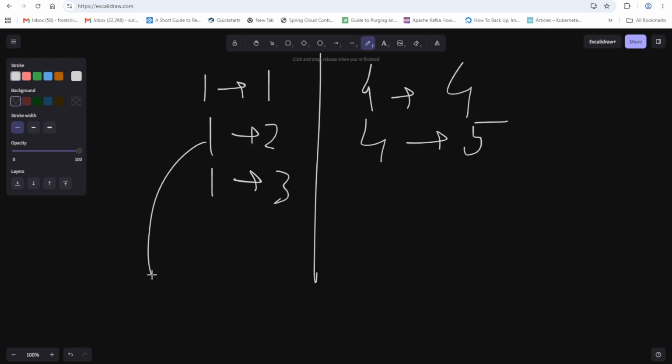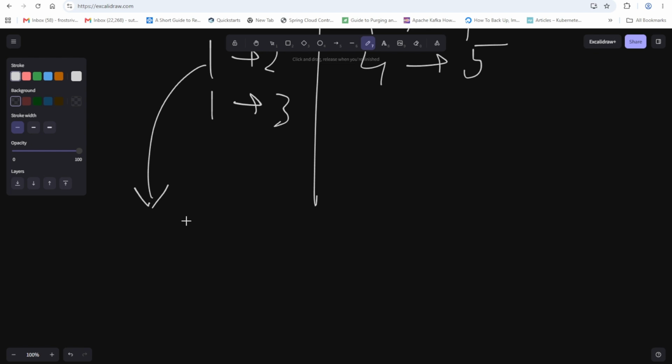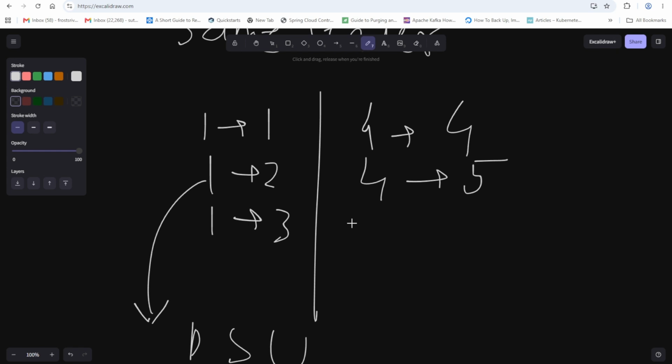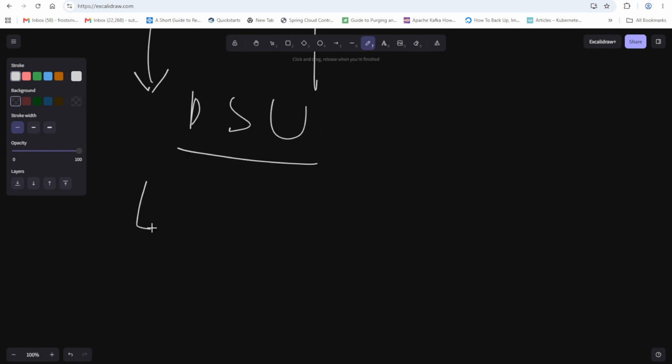So this concept gave birth to the idea of DSU, and this leader is called the ultimate parent, UP, in DSU. I can write it down.